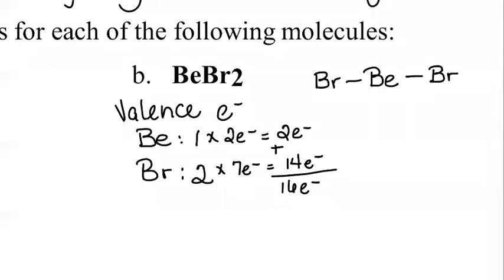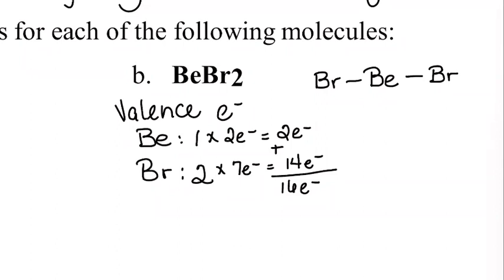Now, you see that when I attach the bromines to the beryllium, I put 2 lines. Since I put 2 lines attached to the beryllium, how many electrons at this time are actually being shared between beryllium and bromine? Let's put it in the chat. How many electrons are being shared?